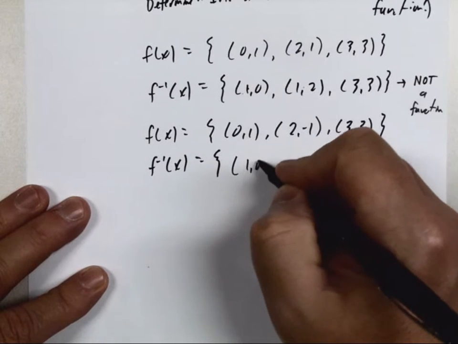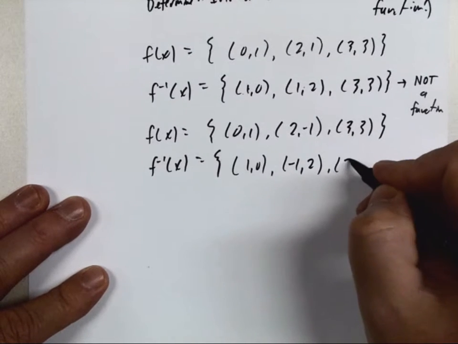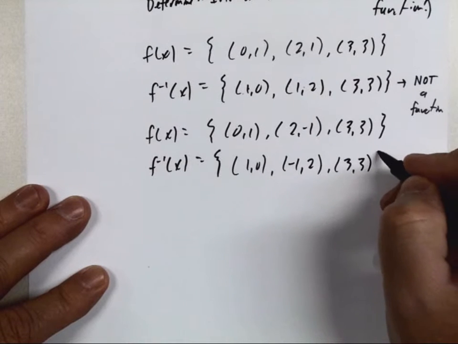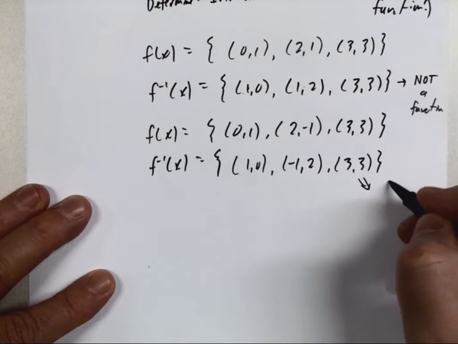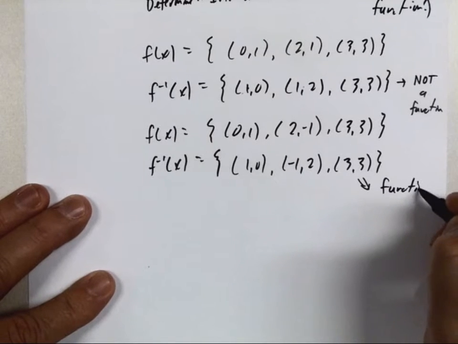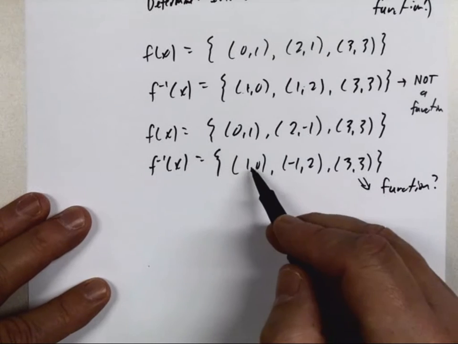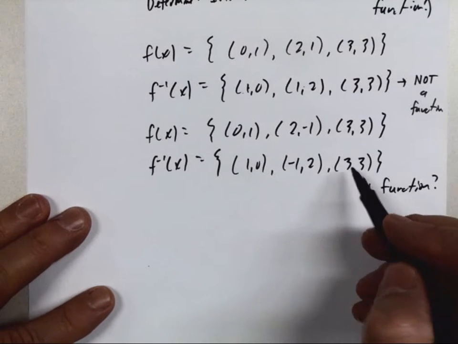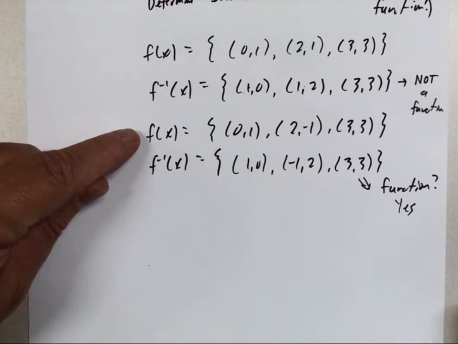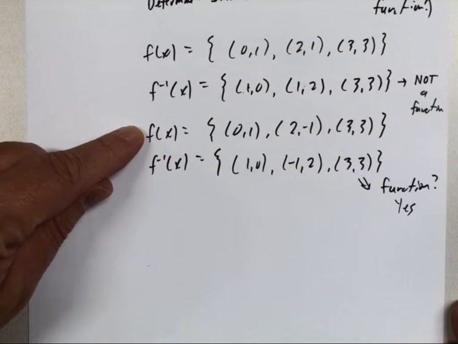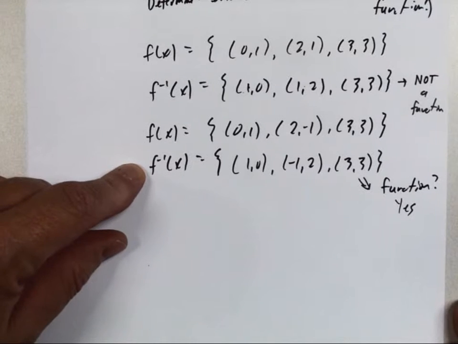So I just swap these. Now, is this a function? Check the x's: 1, -1, 3. Yes. So in the second case, we have a function, and the inverse of the function is also a function.